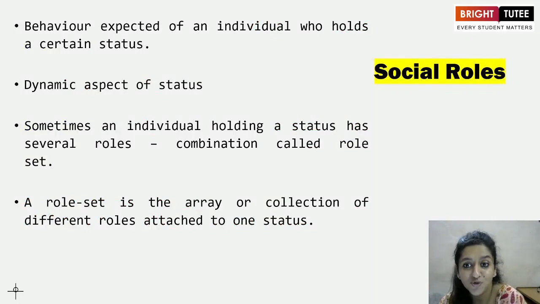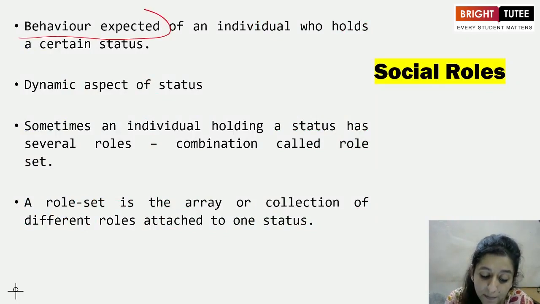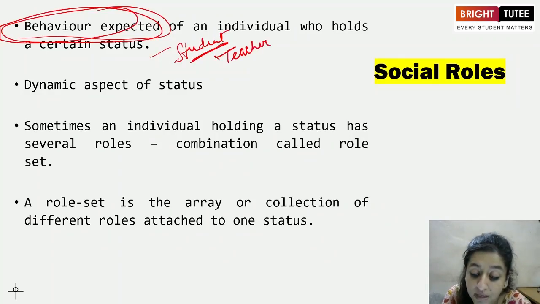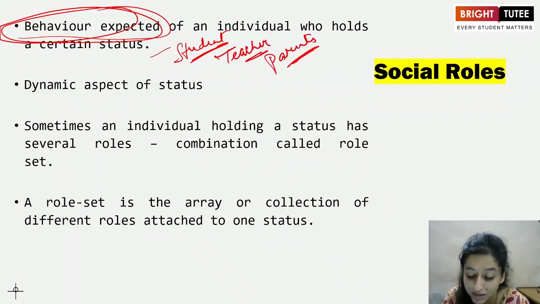Now, what are social roles? Behavior expected of an individual who holds a certain status. The behavior expected from you as a student, the behavior expected from me as a teacher, the behavior expected from your parents as being the parents.